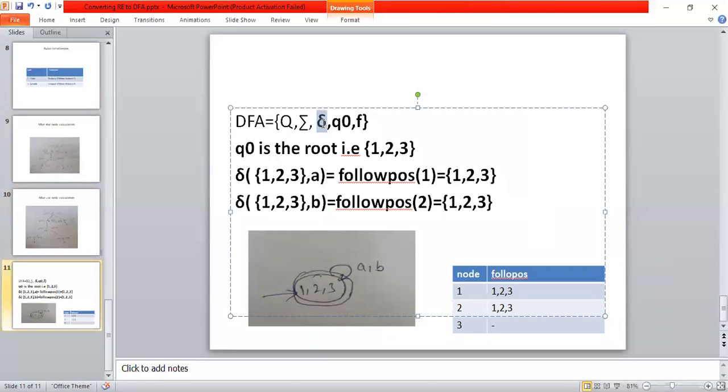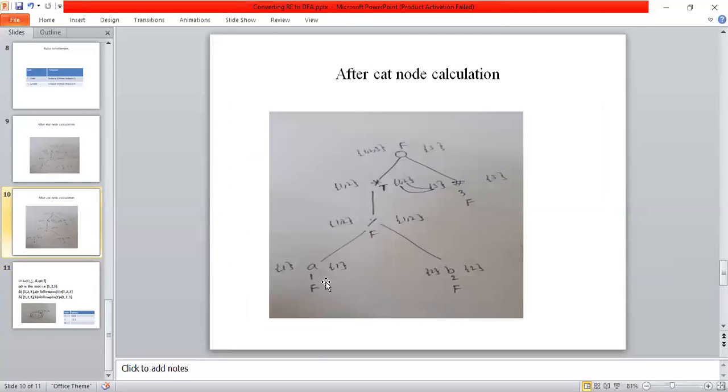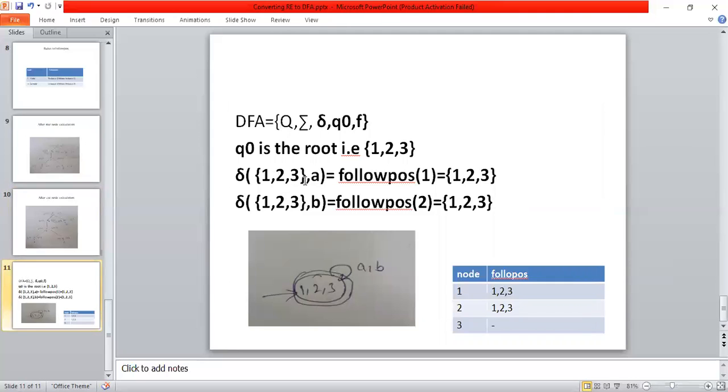How to construct this transition? Delta of 1, 2, 3 and check the input. How many inputs do you have in your syntax tree? A and B, only 2 inputs. So with this state I move with A. First consider 1 with A, whose follow position is given by node 1.